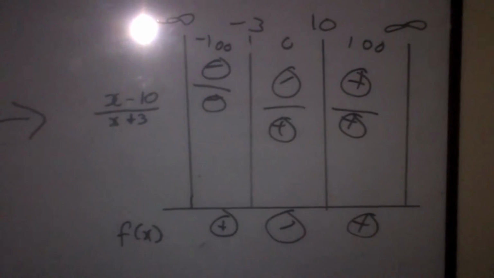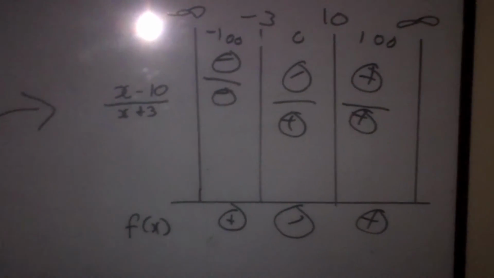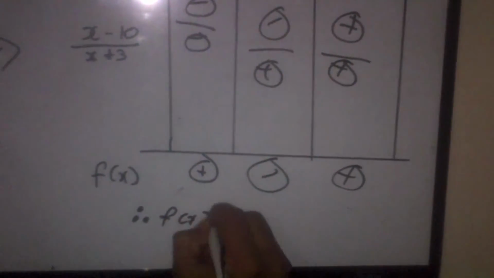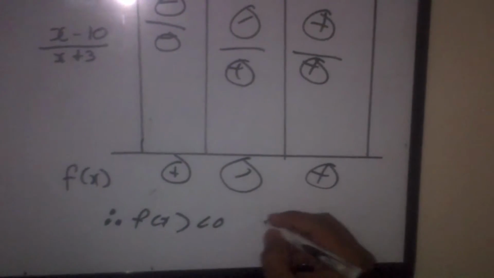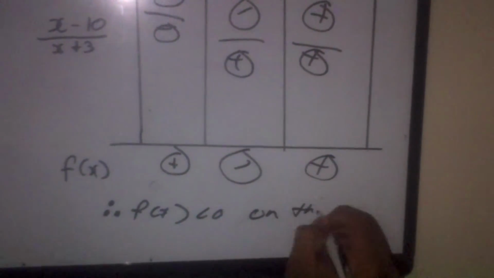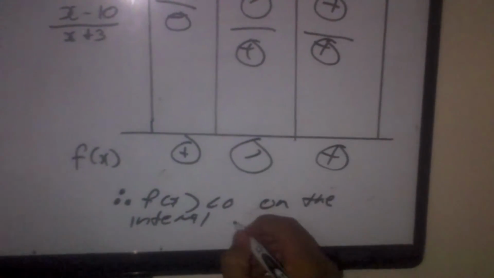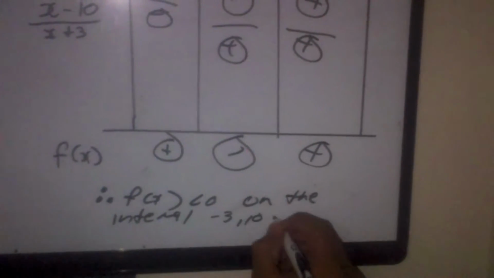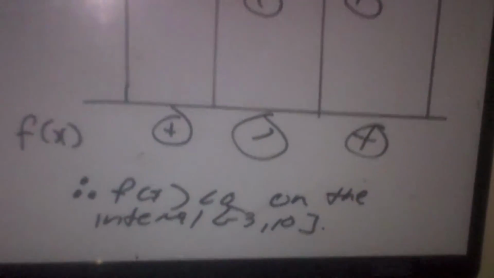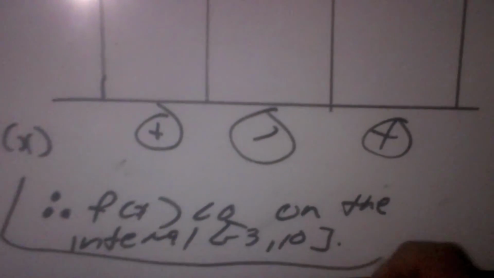So now that we know it is negative between -3 and 10, we can go straight to the therefore statement: therefore, f of x is less than 0 on the interval -3 and 10, and we would use square brackets just to tell whoever is reading the answer that these are also included. So this would be your solution.